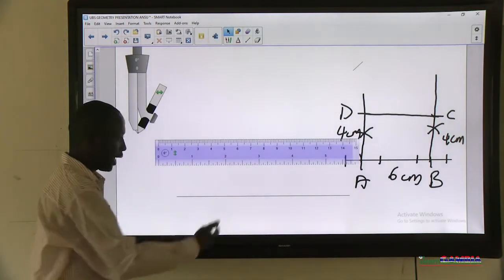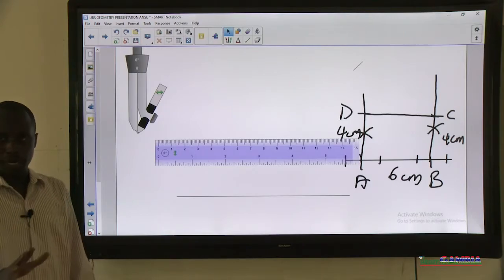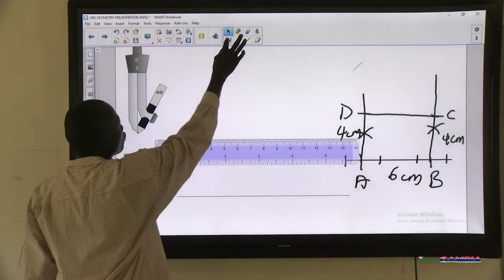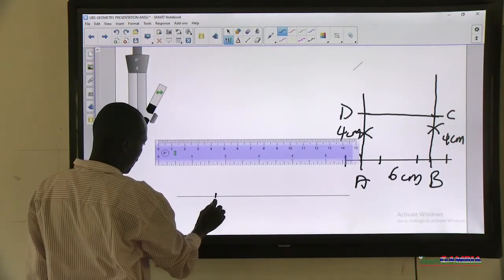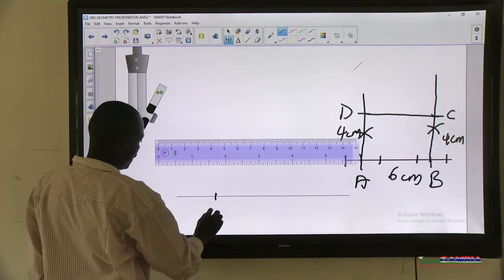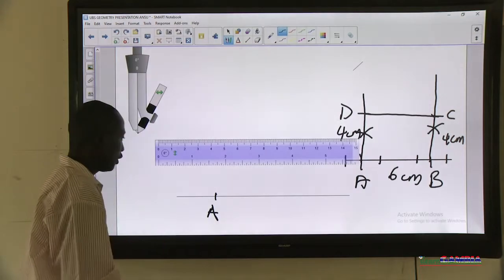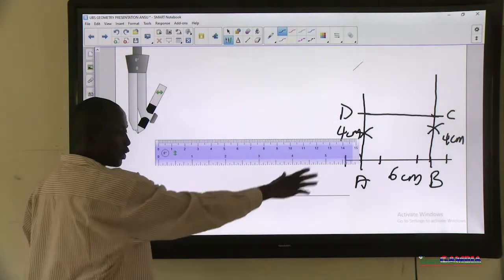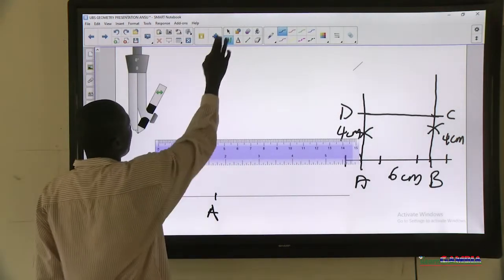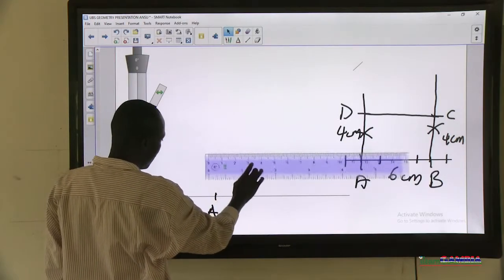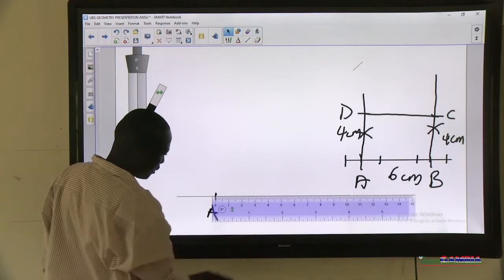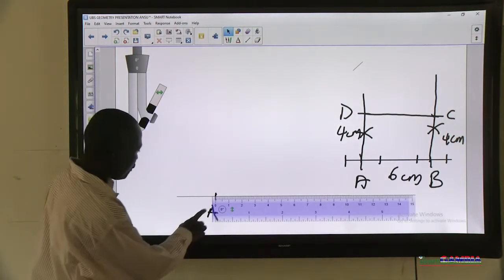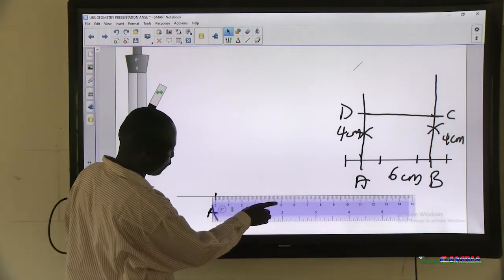On this straight line, one of the points should be marked, and that point will be referred to as A. I mark a point on it here and call it A. Now, from A towards that end, I need to have 6 centimeters. You can see 0, 1, 2, 3, 4, 5, 6.